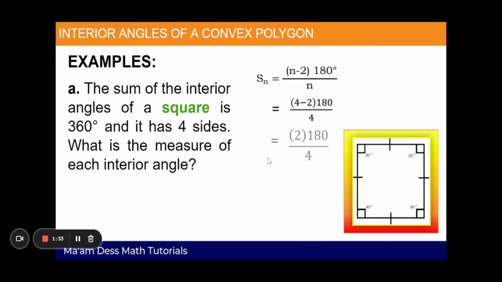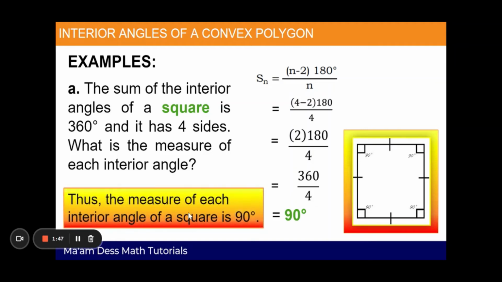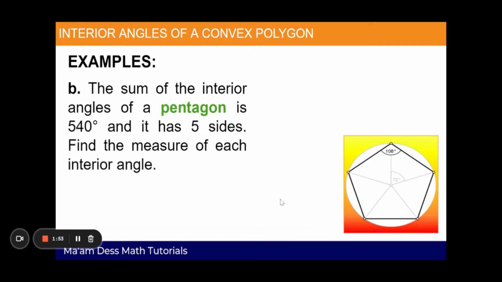Okay, so again, here's the formula for finding the sum of the interior angles. So 360 divided by 4, so we have 90 degrees. And therefore, the measure of each interior angle of a square is 90 degrees. For letter B, the sum of the interior angles of a pentagon is 540 degrees and it has 5 sides.